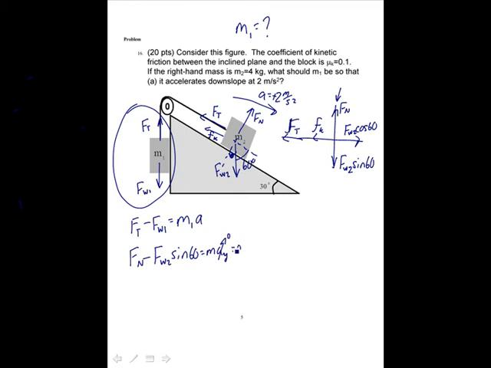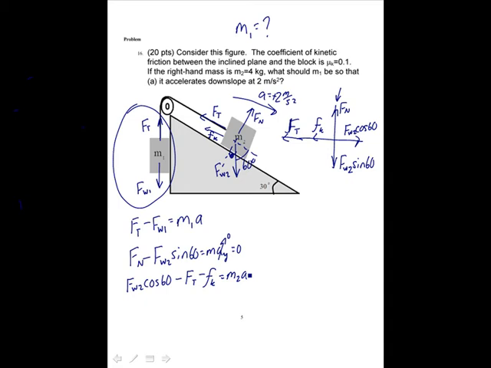And then I also have Fw2 cosine of 60 minus Ft minus Fk is equal to m2a. And in this case, the acceleration is not 0. The acceleration is equal to positive 2. So I'm just going to leave that as it is right now. And so those are the only equations that I have.